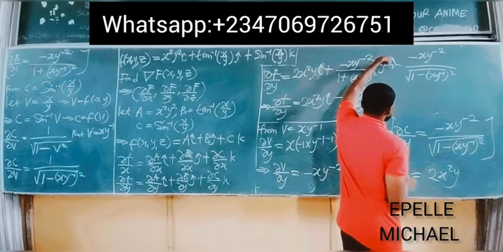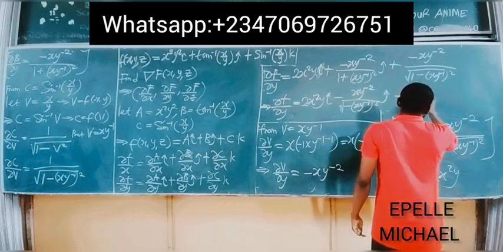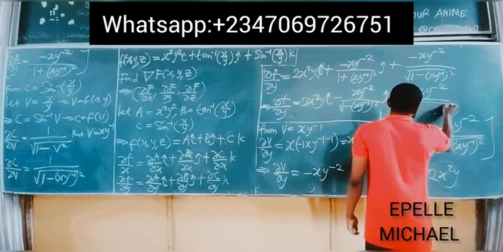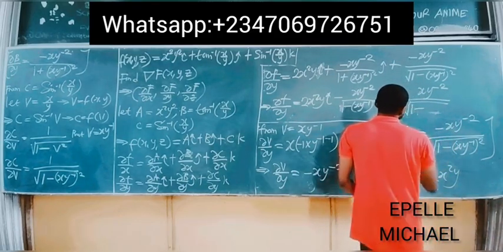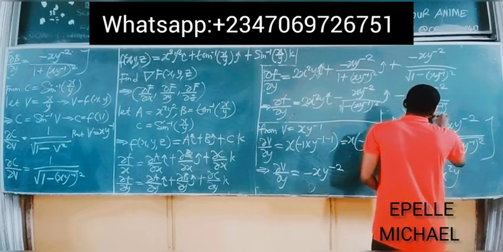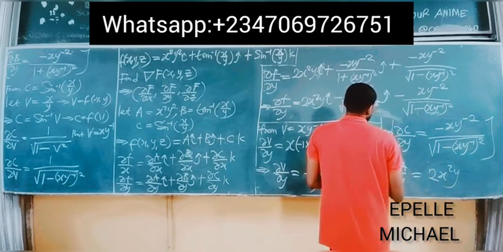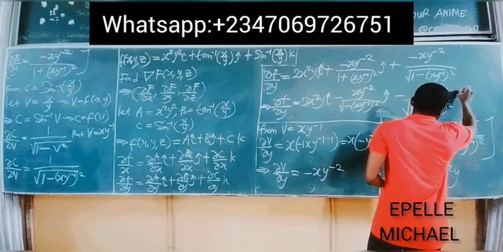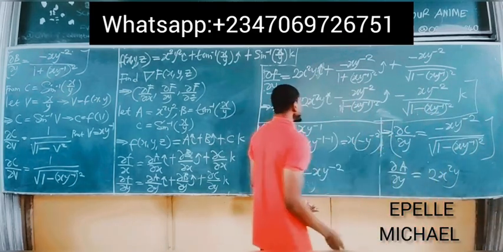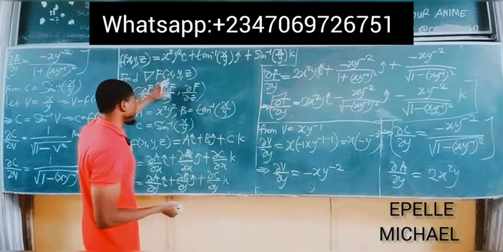Same thing here, minus plus becomes minus x y to the power of minus 2 over the square root of 1 minus x y to the power of minus 1 all squared k. So this becomes the answer to that vector. All right, so that becomes the second vector, partial f partial y.